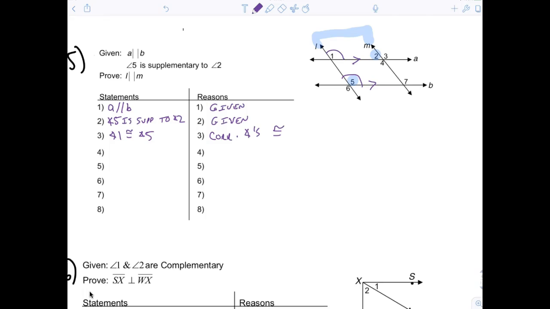Then 1 and 4. Now, here's what I'm thinking about, and I'm not necessarily saying you're wrong, but I think what we want to try to do is, because something is supplementary, what two angles would be supplementary?